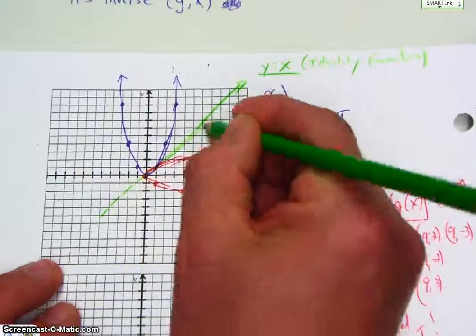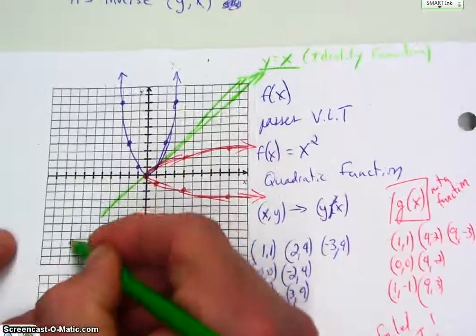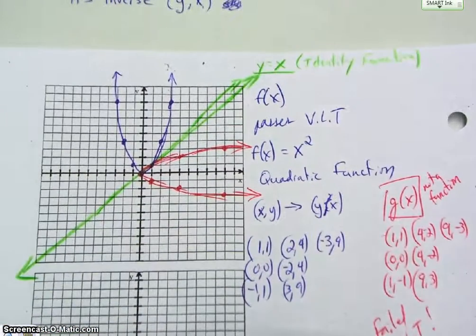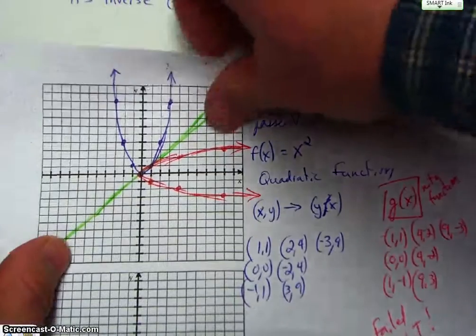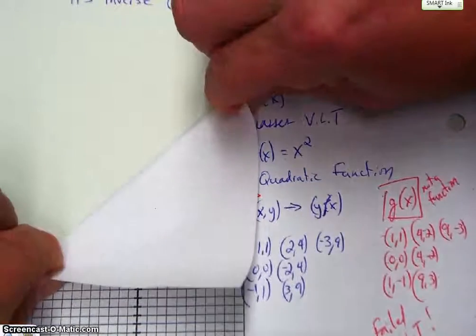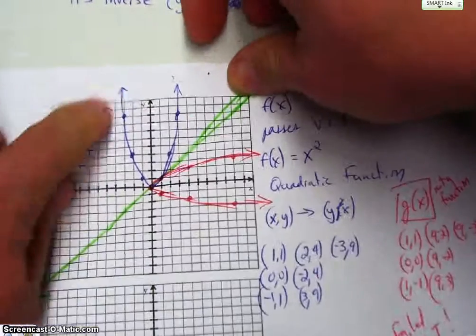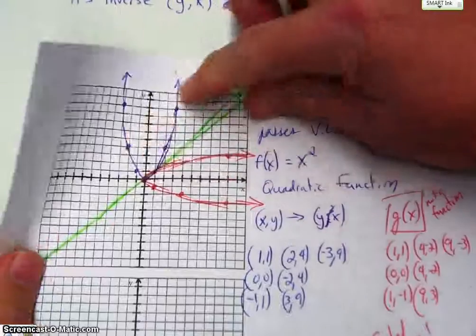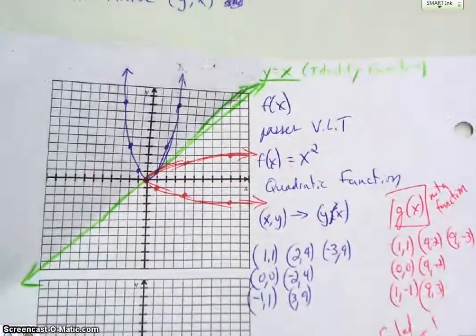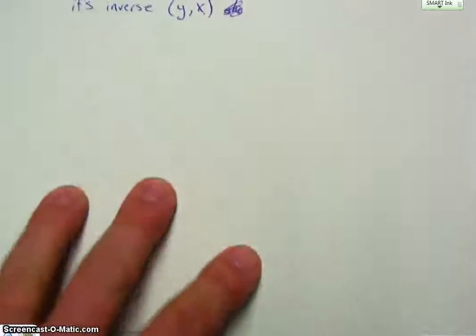If you notice, if I take this paper and I fold it on that identity function, the green line, you'll notice that this curve will fall right onto this curve. So this takes us to our new definition of what an inverse function is.